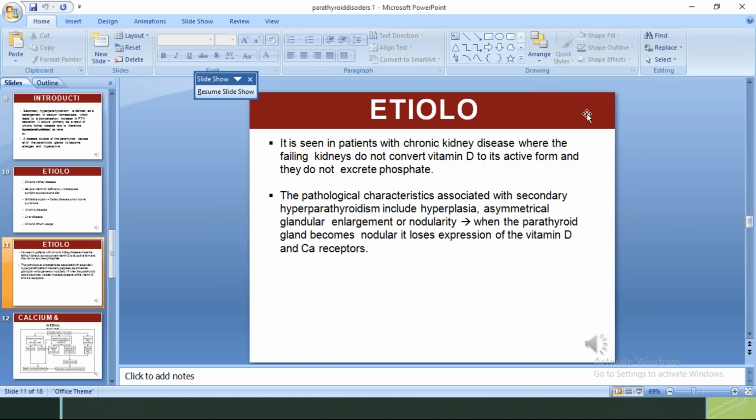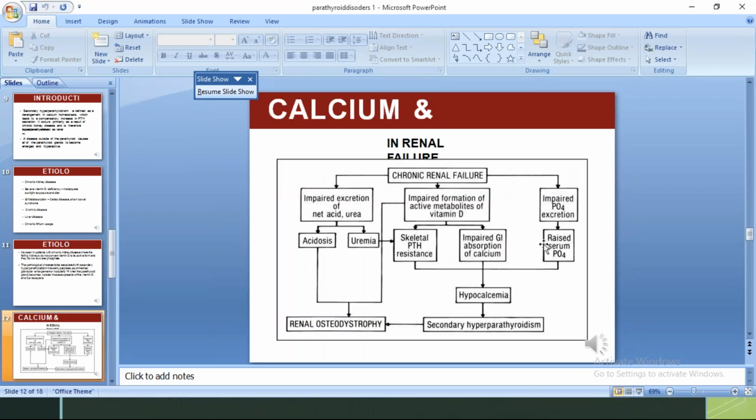This leads to increased secretion, hyperparathyroidism. So the pathological characteristics are asymmetric enlargement or nodularity. When the parathyroid gland becomes nodular, it loses the expression of vitamin D and calcium receptors.